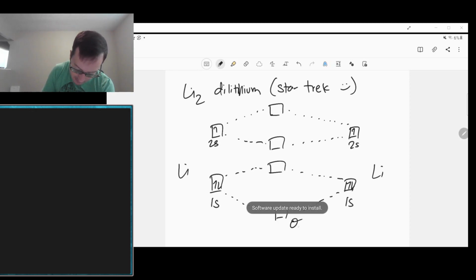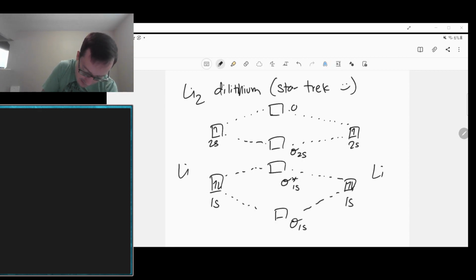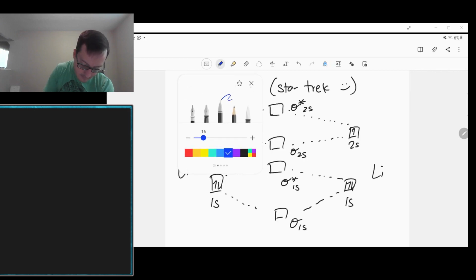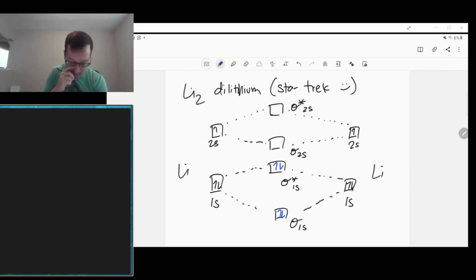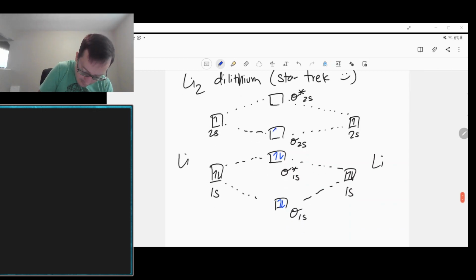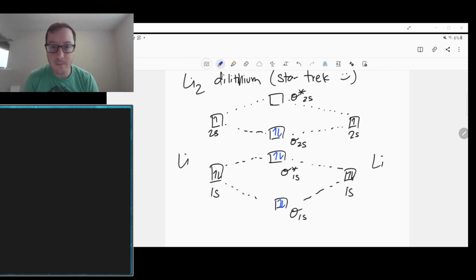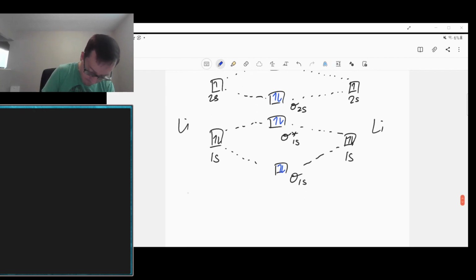So this is sigma 1s, sigma star 1s, sigma 2s, sigma star 2s. We're going to see that, of course, these bottom ones will be filled. So we have nothing participating there. And then we have the 2s electrons forming a bond in the sigma 2s orbital. If we look at the bond order here, I'll actually write it out this time.